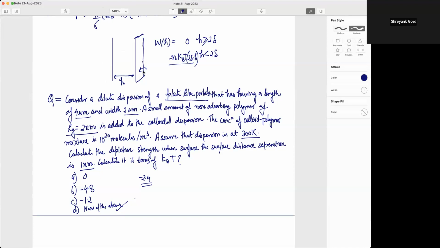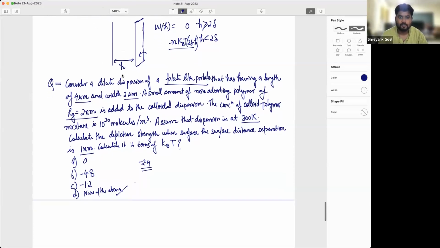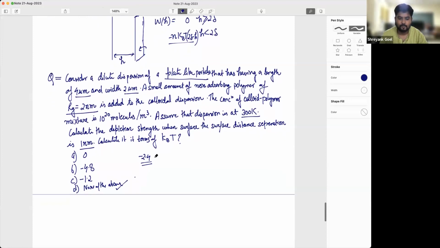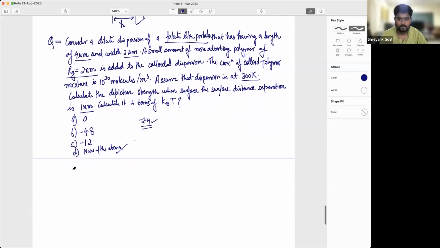So let's try this question. Dipanvita, you have answered this 2.4, right? Yes, sir. So can you help me in solving this question?